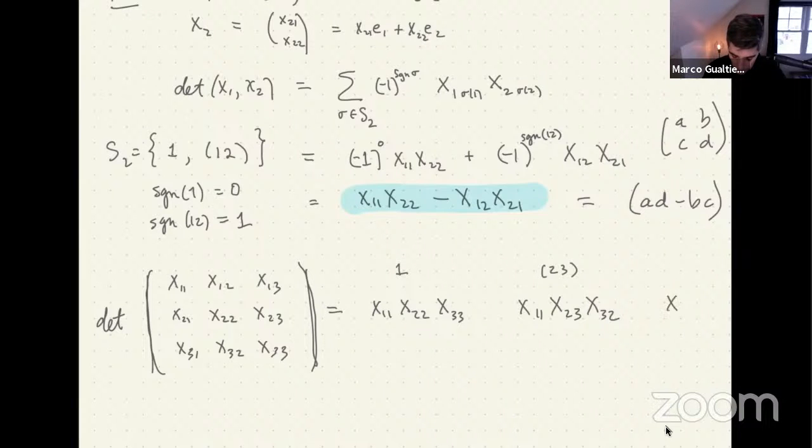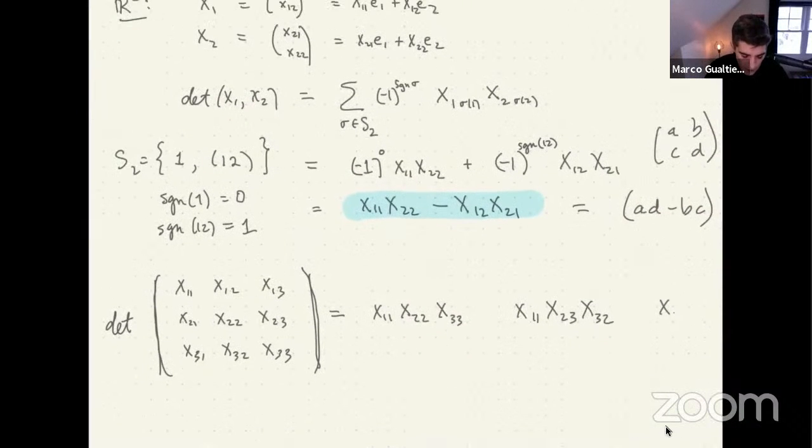Then there's, actually maybe it'll be useful to write it carefully. One second.